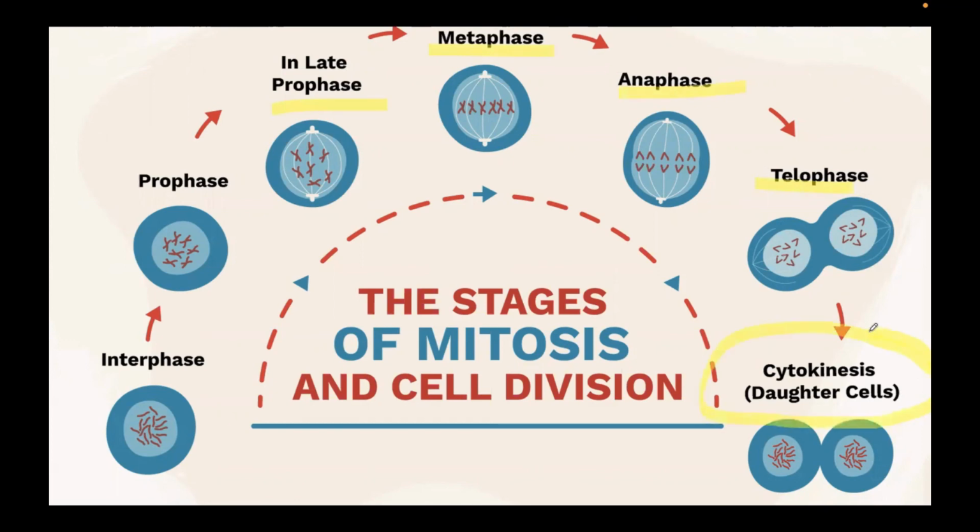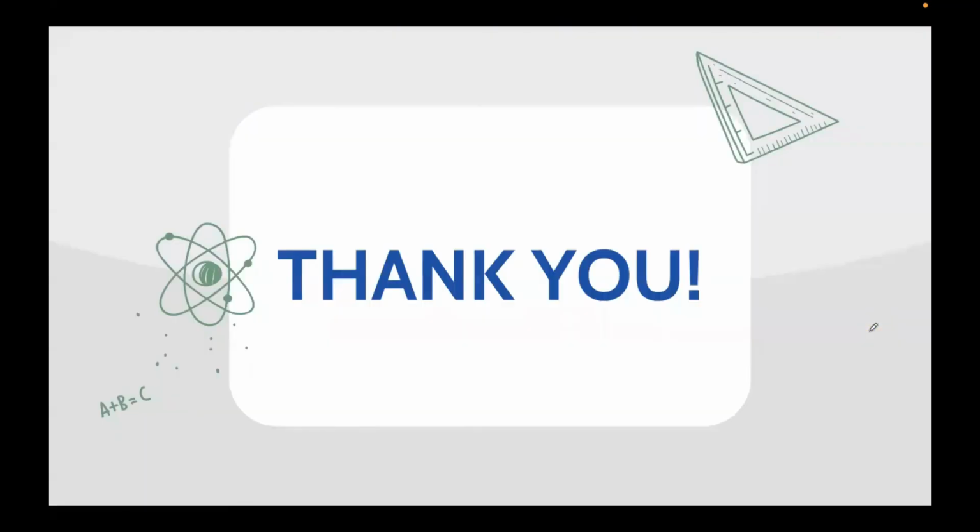Okay, hindi na natin ito i-discuss on our biochemistry as I believe this will be discussed much further in your cytogenetics. Ang mahalaga, alam natin na ang kanyang product o yung end stage ng ating mitosis is the cytokinesis or your daughter cells. Okay, thank you and God bless.